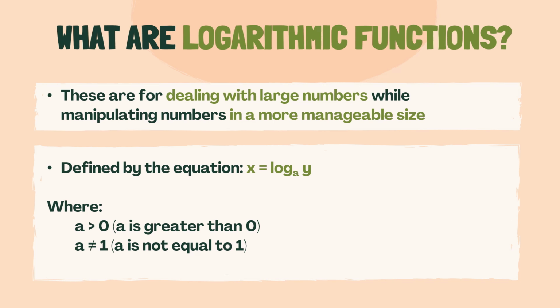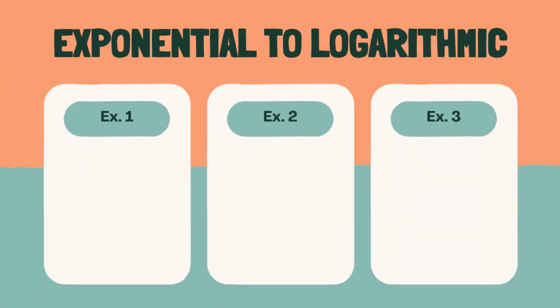Let's now move on to expressing exponential functions to logarithmic functions. First example, a to the power of 0 is equal to 1. In logarithmic function, it is expressed as 0 equals log base a of 1.